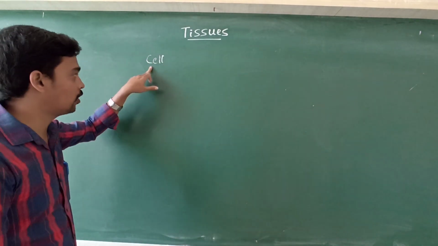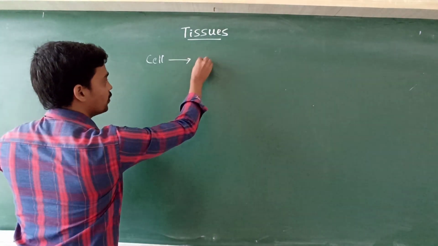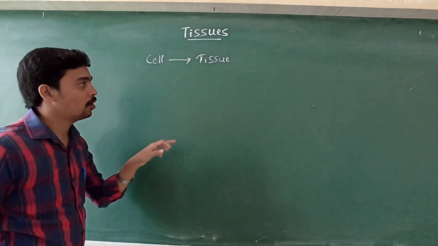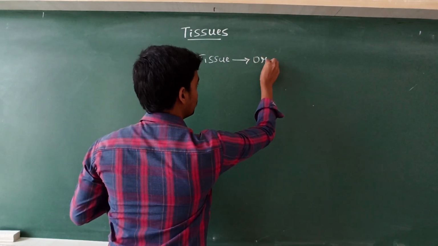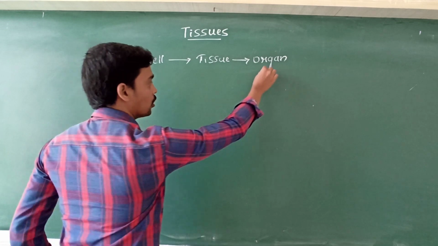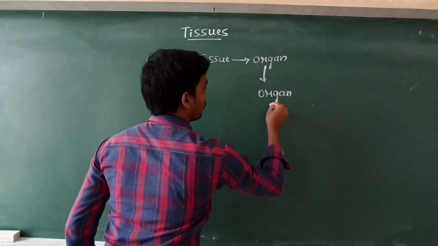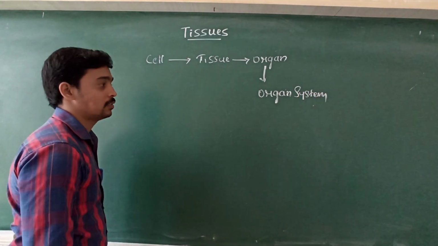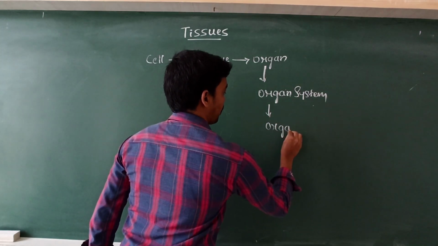Cell is the basic unit of the living organism, and a number of cells joined together form tissue, and a number of tissues joined together form an organ, and a number of organs joined together form an organ system, and a number of organ systems joined together form an organism.